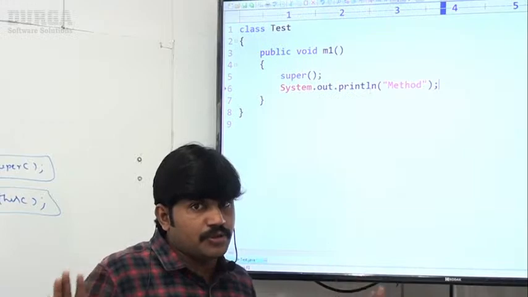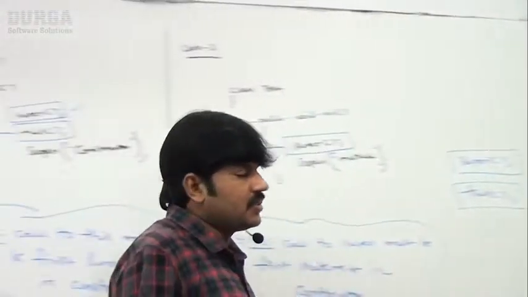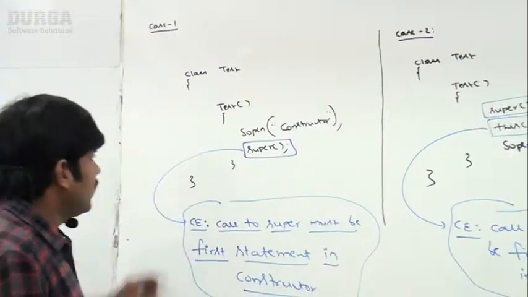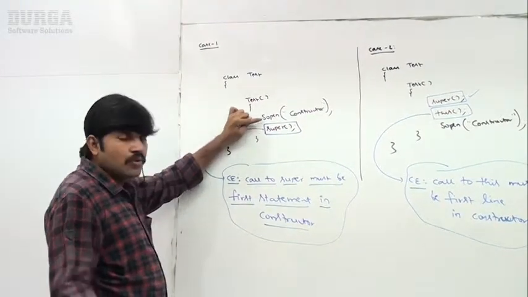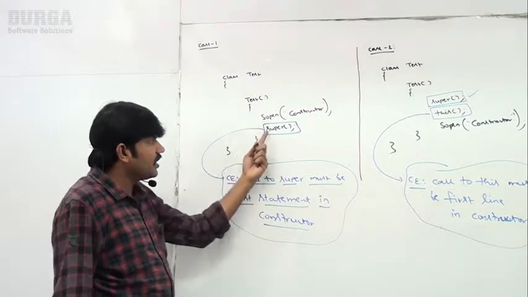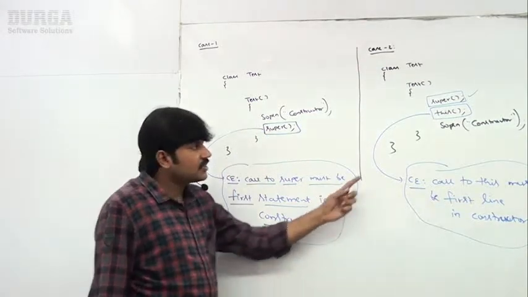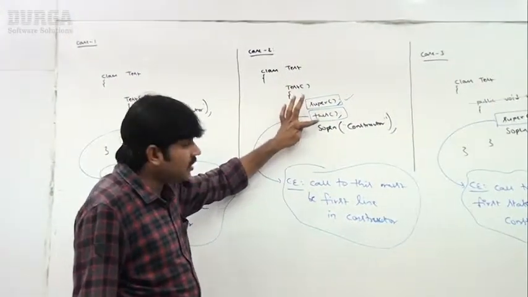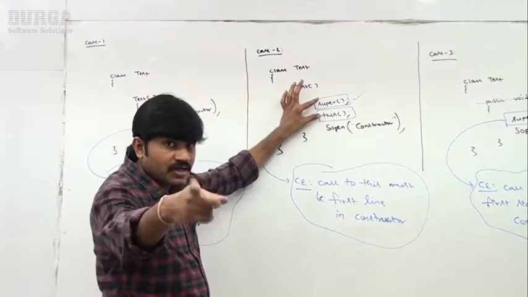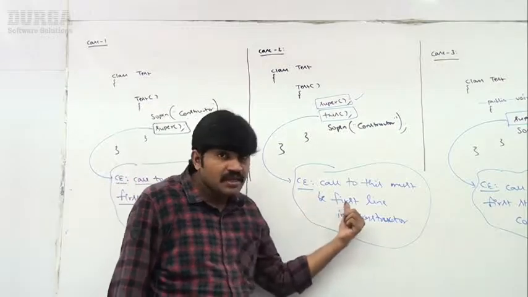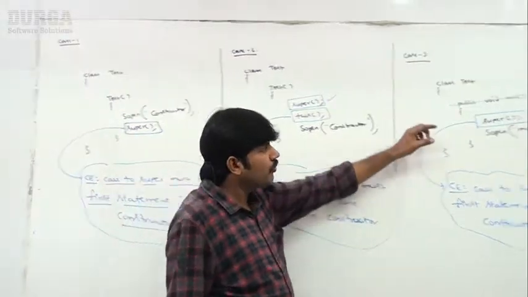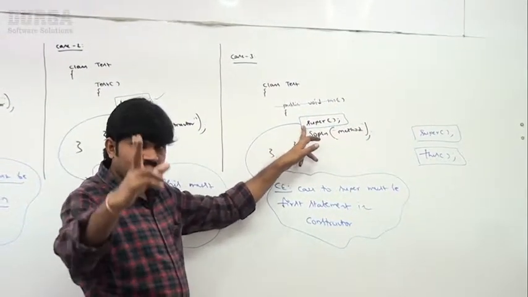Are you in a position to understand, right? Sir, observe this. All the three cases are very clear. You can use super inside a constructor only in the first line. If you are trying to use it in any other line, compile time error. Next, we can use either super or this, but not both simultaneously. If you use both simultaneously, you will get a compile time error. Next, you can use super or this only inside a constructor.